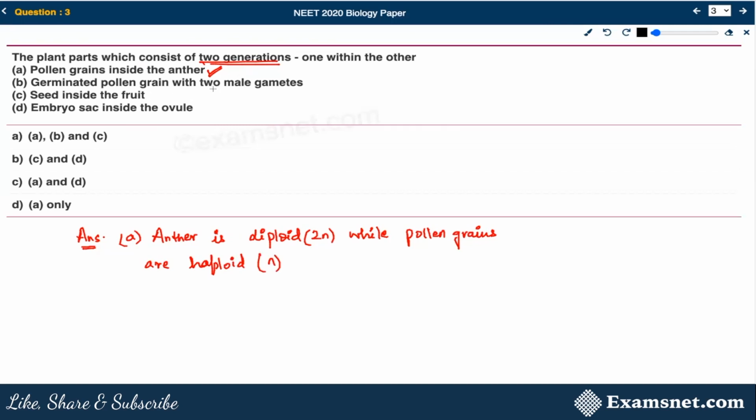Germinated pollen grain with 2 male gametes. Now, 2 male gametes are actually found inside this pollen grain and both of them are haploid. Pollen grain is also haploid. So definitely this is not going to be the correct answer.